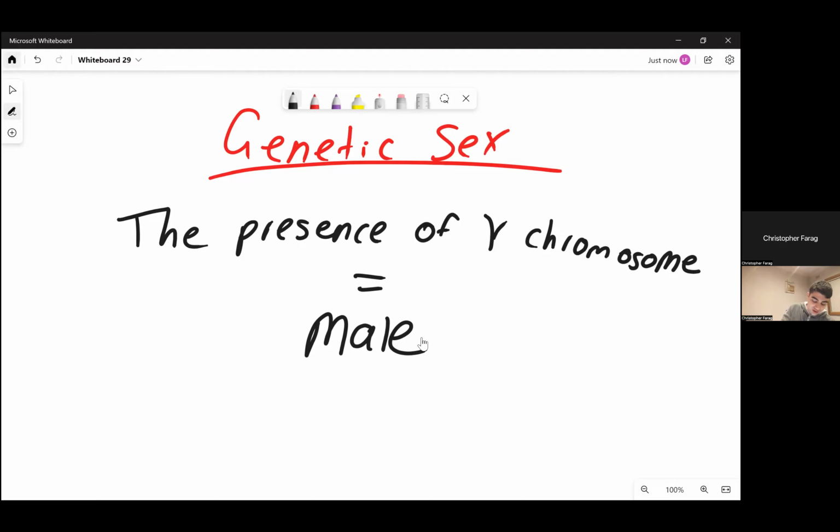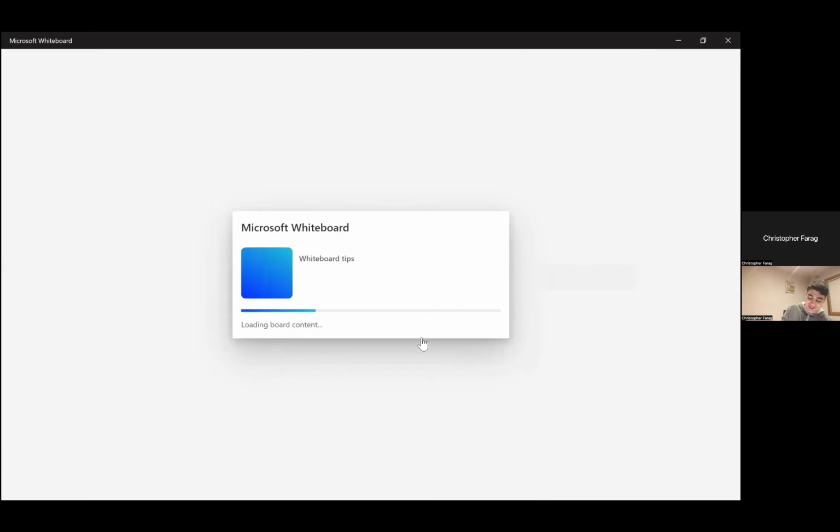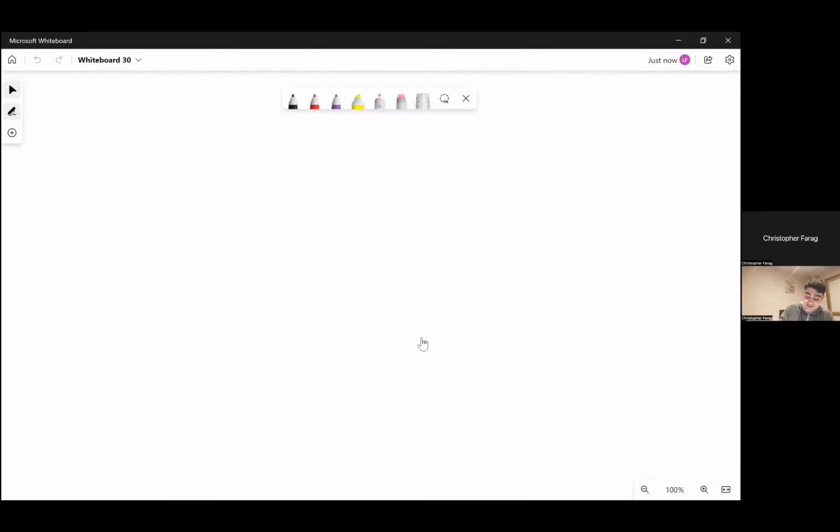All right. Where it starts to get more difficult is at primary sex. We said that was the development of the genitalia at birth, the development of the gonad.